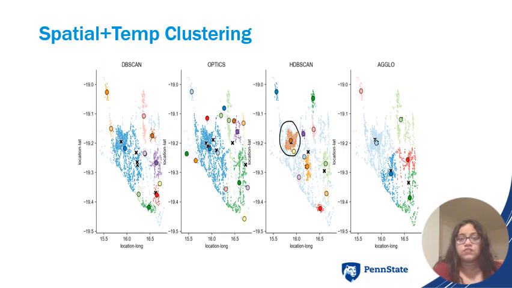Now, the effectiveness of the two clustering algorithms, HDBSCAN and AGALO, was assessed using this elephant data that included temperature and elevation. This figure illustrates the clustering results obtained from these methods for a particular elephant, in comparison to different clustering algorithms. HDBSCAN demonstrated its ability to form varying density clusters.